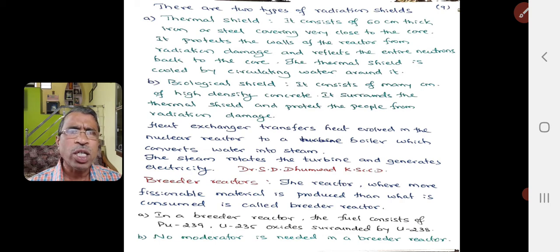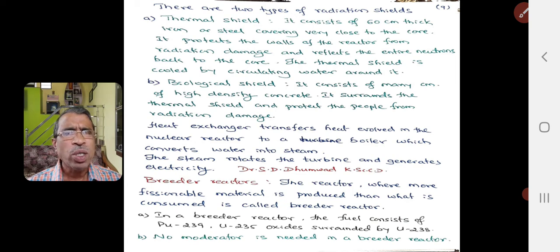Heat exchanger transfers heat evolved in the nuclear reactor to a boiler which converts water into steam. The steam rotates the turbine and generates electricity. So this is how a nuclear reactor works.